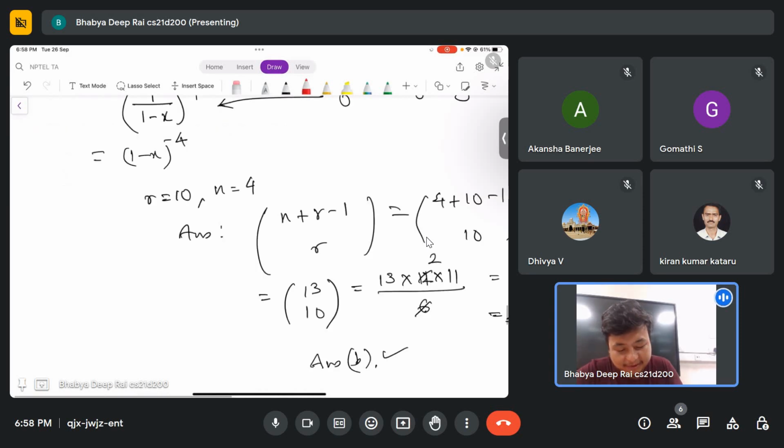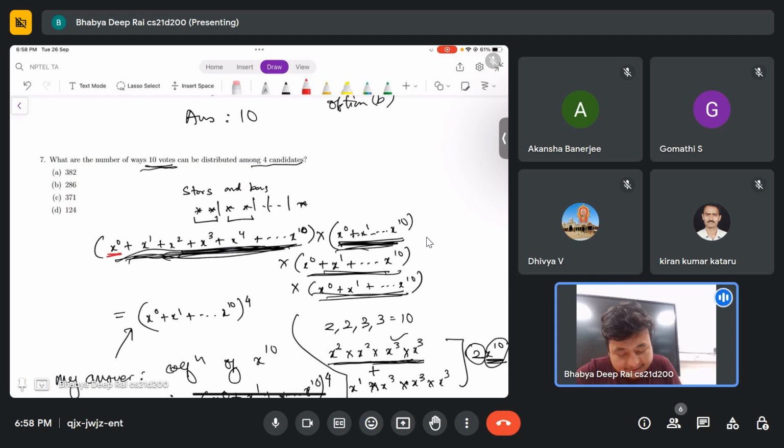So before, what did we do? We did, the candidate can take 0 votes, 1 vote, 2 votes, 3 votes, 4 votes, and so on. But this time, remember, these 2 guys will not occur.